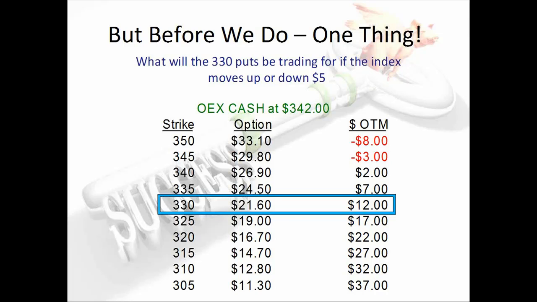But I'm sure there's a couple people who are going to learn something from this little trick here. And I'm going to use this trick going forward to show you how the broken wing butterflies actually make money and how well protected they actually are, and a little bit about the thinking that Random Walk uses and employs when trading these products.